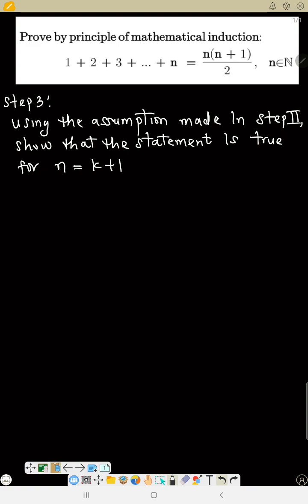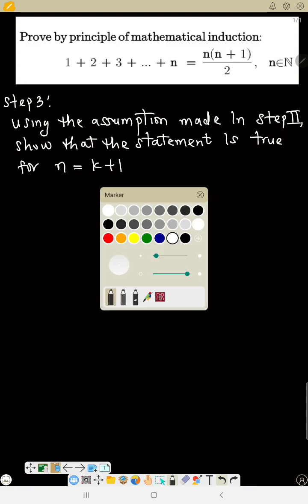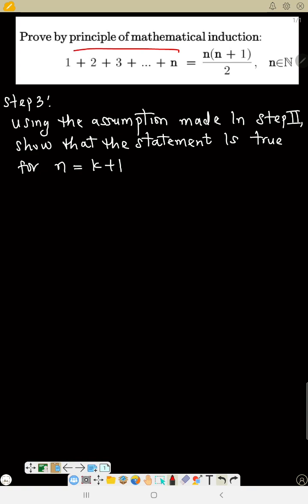So I have, from the equation now, 1 plus 2 plus 3 up to n. Now this n, I'm showing that it is equal to k plus 1.